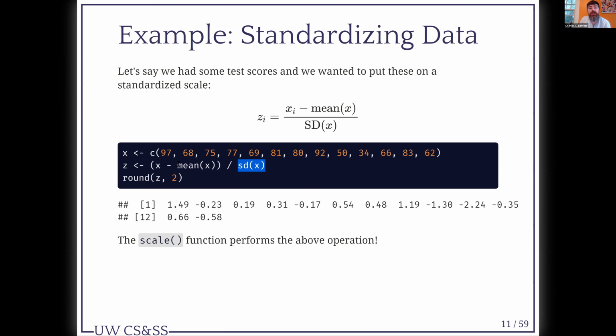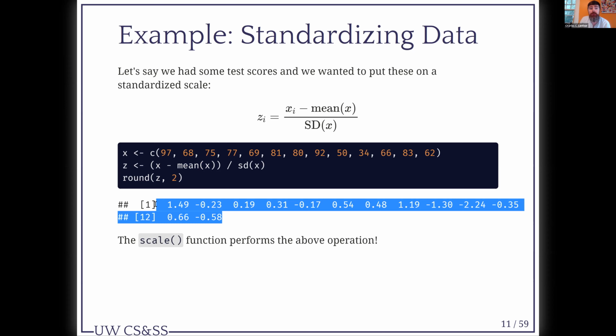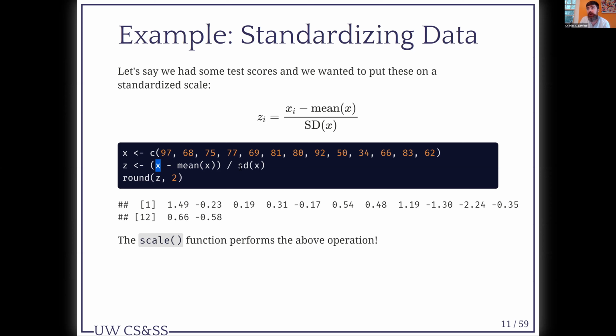So what R is going to do is make the mean of x repeated 13 times, so it's the same length as x. It's going to take the SD of x and make it repeat 13 times, so it's the same length as well. I produce z, round my values, and I get 13 values out, the length of the largest object in this particular calculation, that being x, okay?